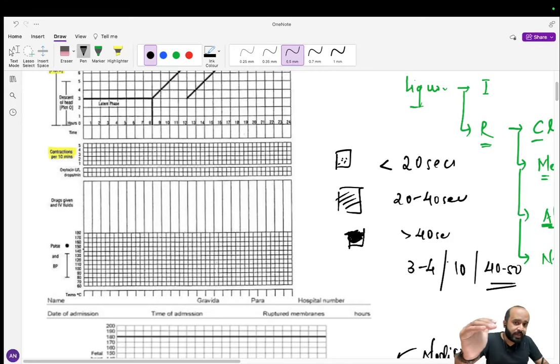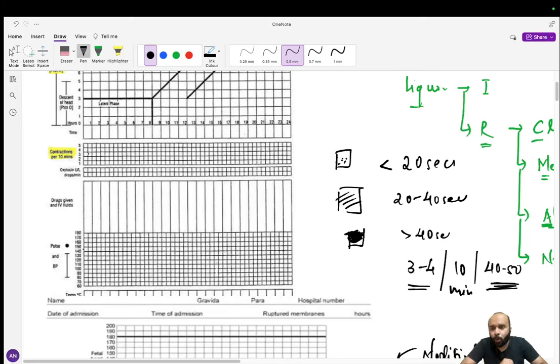Whereas on the other side, 5 contractions or more is said to be hyperstimulation. Similarly, any contraction that lasts more than 50 seconds, that is 60 seconds or 1 minute or more, is said to be hyperstimulation again. So in a period of 10 minutes, there should be 3 to 4 contractions, each lasting 40 to 50 seconds. Nothing more, nothing less.